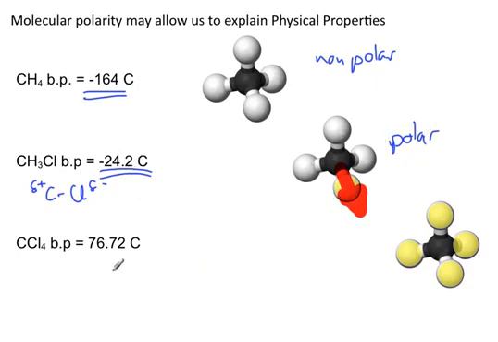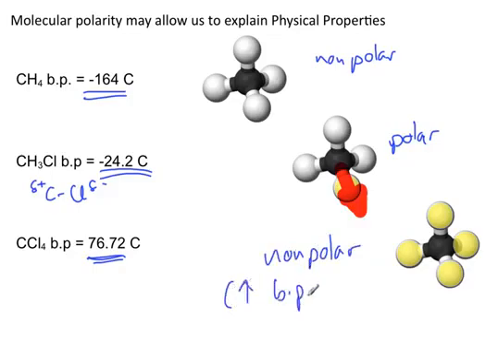But you can see how dispersion forces or increased size of the atoms is going to affect it too, because we have carbon tetrachloride here. And look at that boiling point, 76.72. Yet, based on the symmetry of the molecule and the symmetry of the bond dipoles, that's actually a nonpolar molecule.